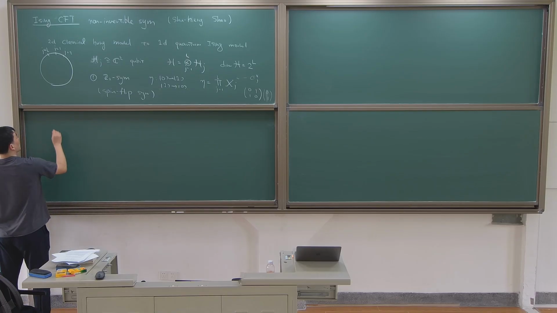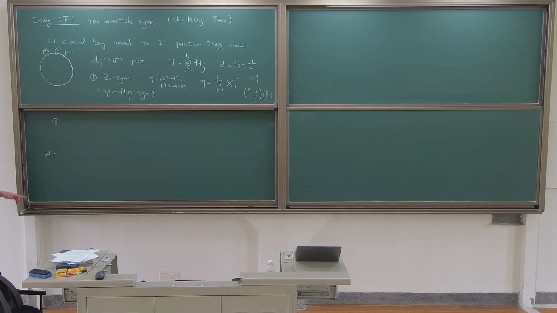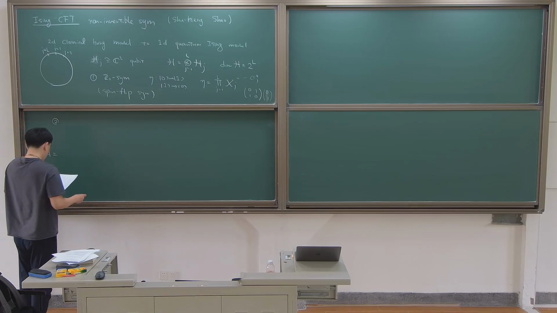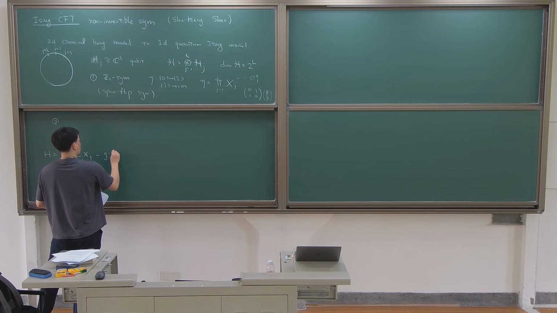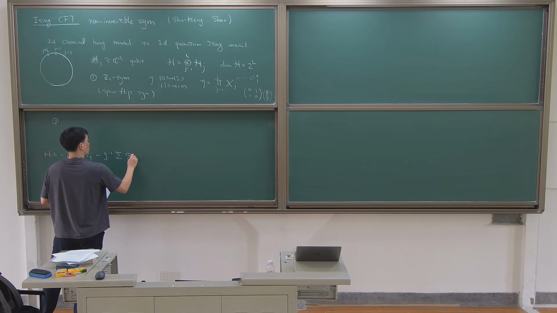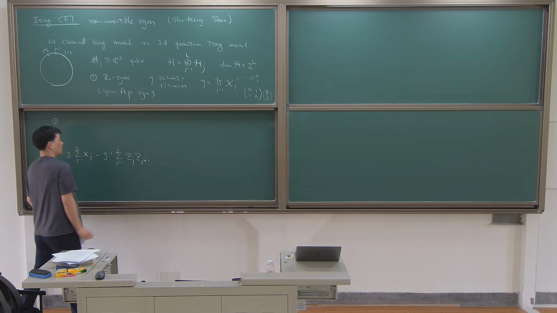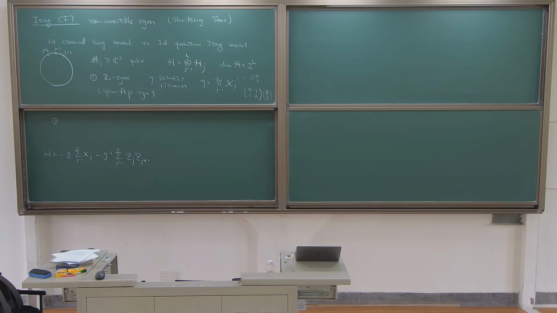The Hamiltonian of this system: this calligraphic H is the Hilbert space, and this H is the Hamiltonian. It is minus g sum of X_j, j equal to 1 to L, minus g inverse sum of Z_j Z_{j+1}, j equal to 1 to L. That's the Hamiltonian we looked at last time.